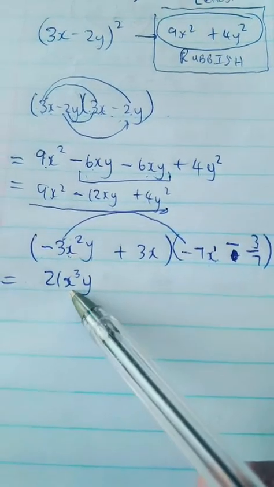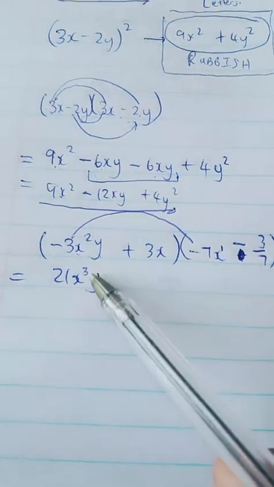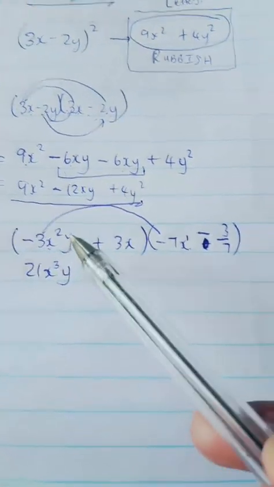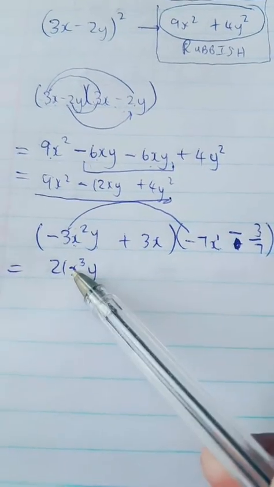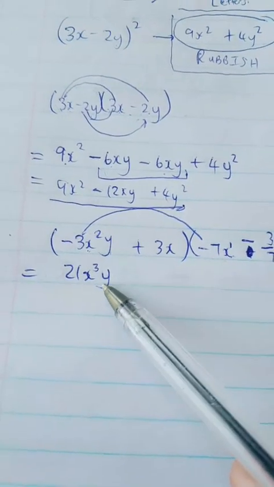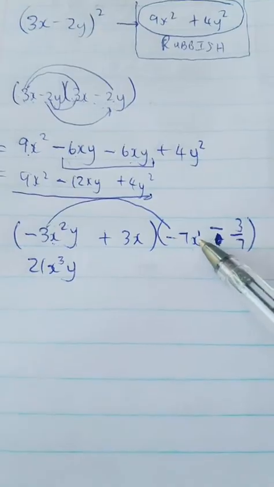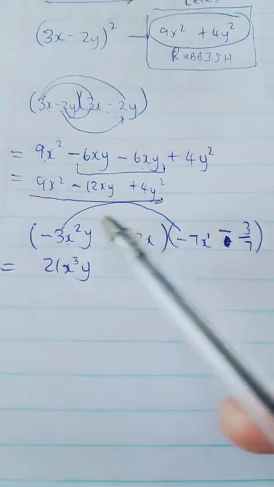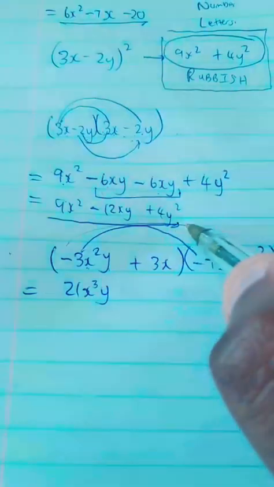So we keep the base x, we add the exponents when we are multiplying same bases. We get x cubed. Then y is unique, so we write it next to the x cubed as another letter, because there's no same base y on the other side. Done.